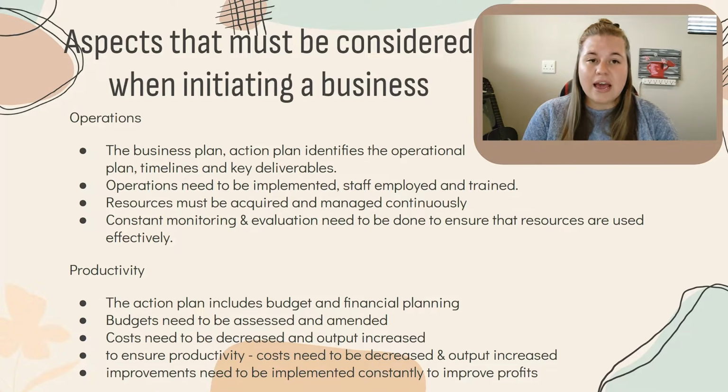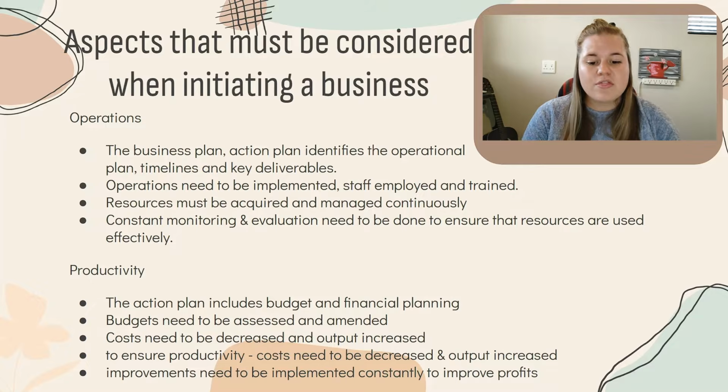The business plan, action plan identifies the operational plan, the timelines, and key deliverables. Operations need to be implemented, staff need to be trained and employed. Resources must be acquired and managed continuously. Constant monitoring and evaluation needs to be done to ensure that resources are used effectively.